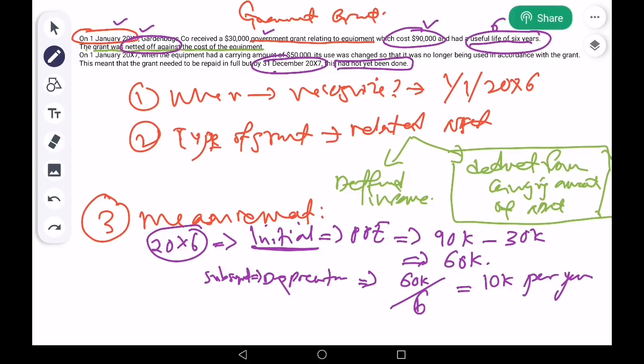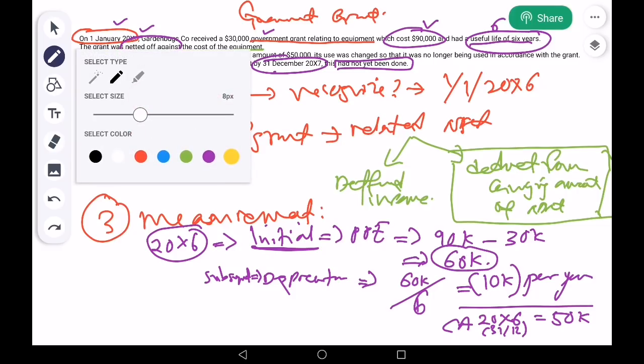Now, on the 1st January 2007, can I know my carrying amount? For 31st December 2006, 60k minus the depreciation of 10k, you get a carrying amount of 50k. But in this case, you actually do not need to calculate.